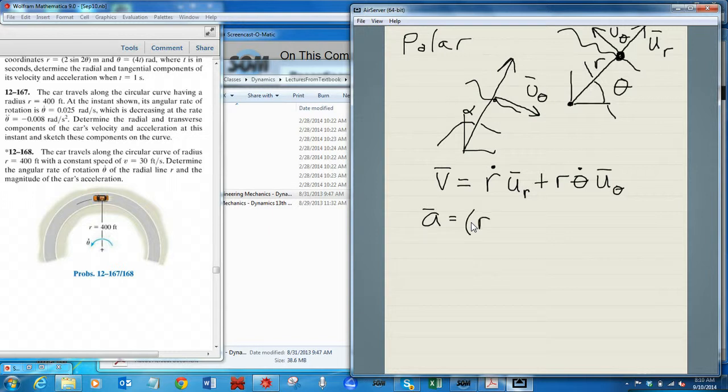This is r double dot minus r theta dot squared in the U_r direction, plus 2 r dot theta dot plus r theta double dot in the U theta direction.